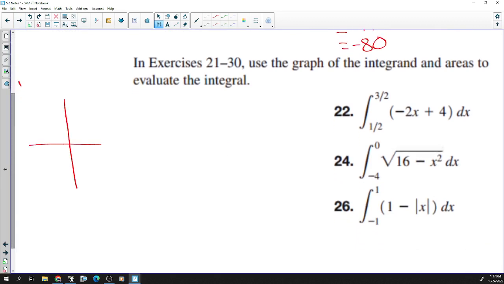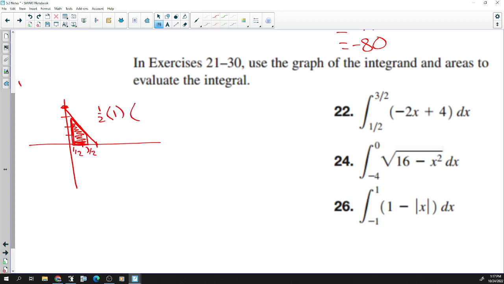Use the graph of the integrand and areas to evaluate. All right. So this has a y-intercept of 4 and a slope of negative 2, so down 2 over 1, down 2 over 1. There's the line, and we're going from 1/2 to 3/2. Well, that right there is a trapezoid. So 1/2 times the height. The height is actually 1. From 1/2 to 3/2 is 2/2. That's 1. So the height is 1.